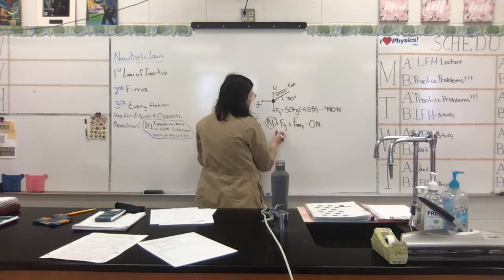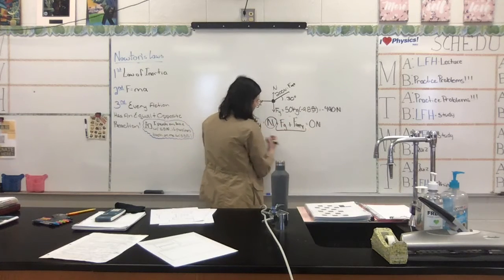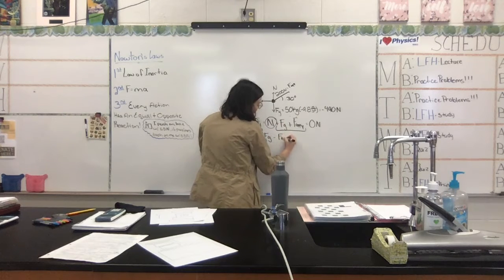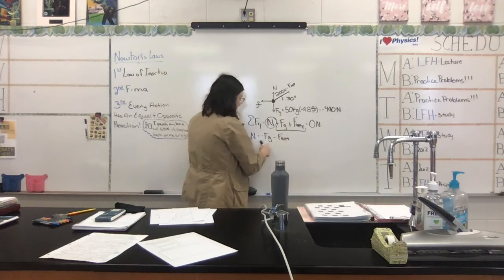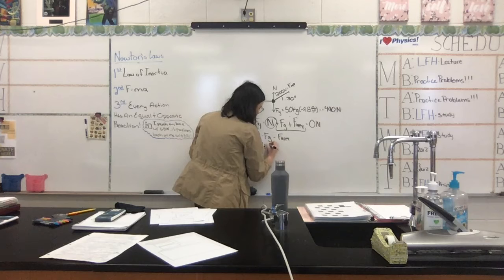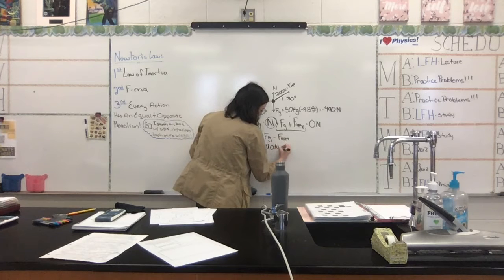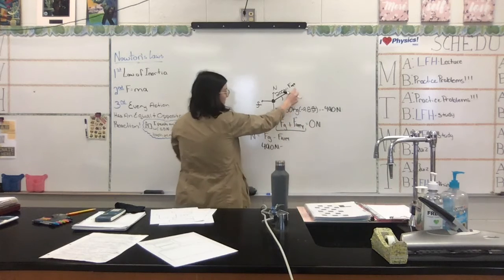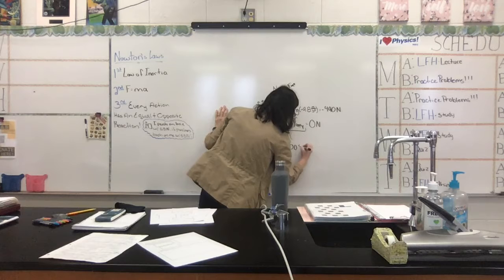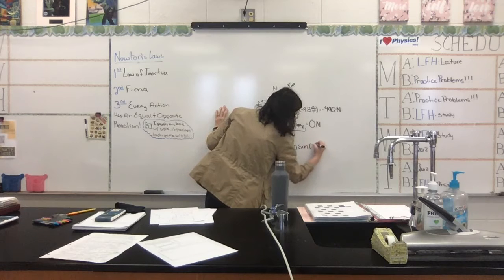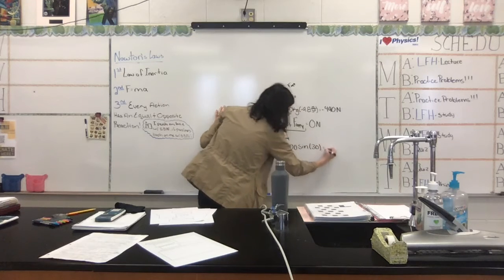Remember, what we're looking for is normal. So we're going to want to subtract both of those over. So we're going to say normal is equal to the negative force of gravity minus that y component of the applied force. So here we're going to end up with 490 newtons minus 200 sine of 30.